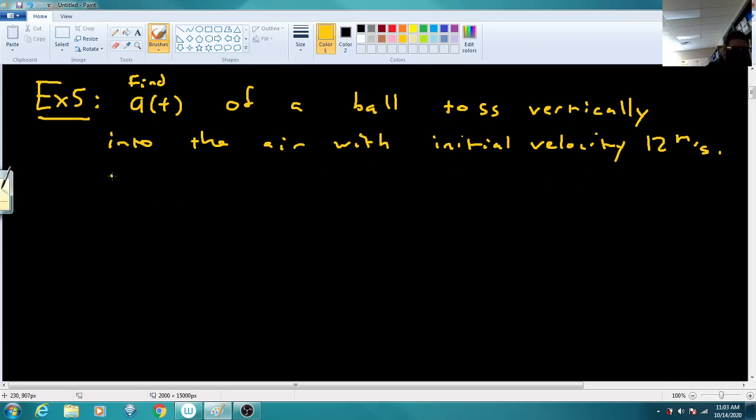So we want to say, how does a of t describe the change of the ball's velocity as it rises and falls? So how does a of t, we'll just say, affect the ball's velocity?